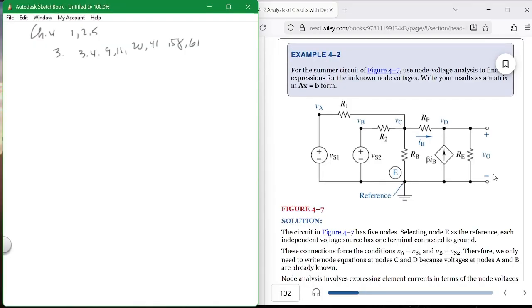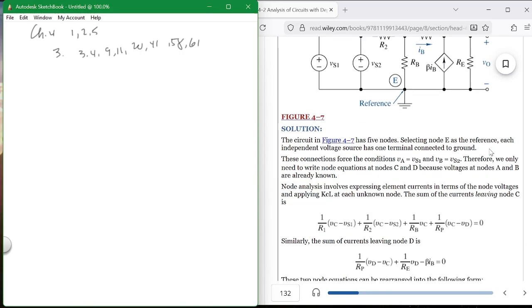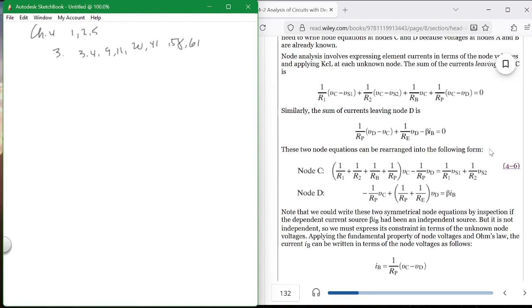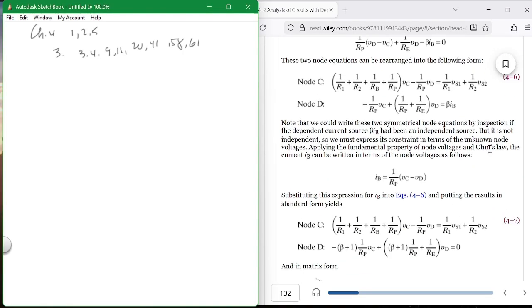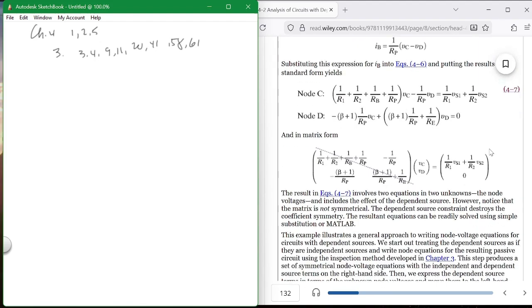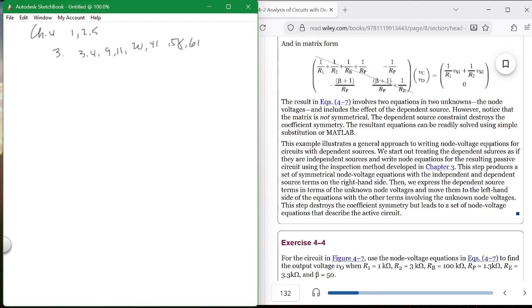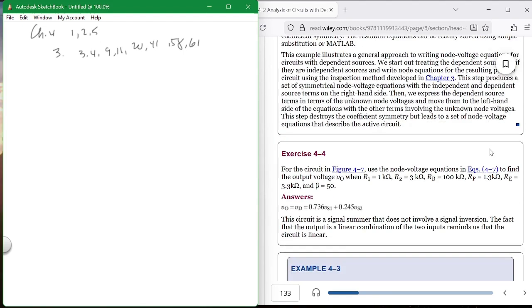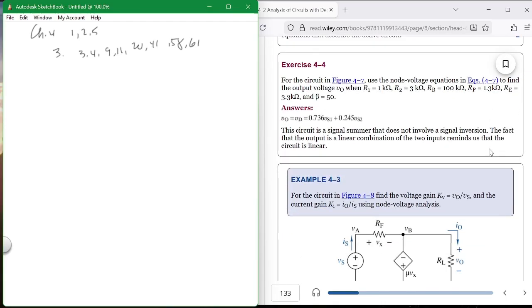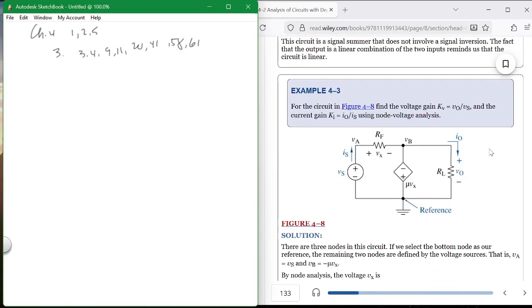Okay, so there's example 4.2. There's my RB, or my forward resistor, the one that the bridge one. So right now we're just scanning through the rest of chapter 4.